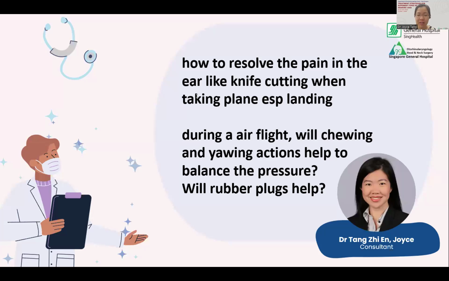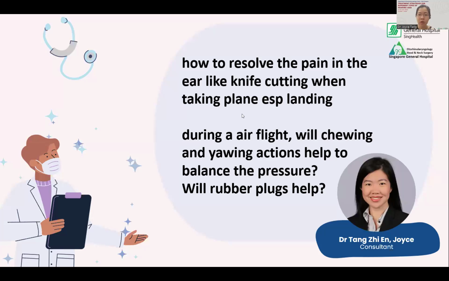If you constantly have a problem with equalizing pressure, then you can consider coming for a consultation. You may require nasal steroid sprays, sinus surgery, or balloon tuboplasty to resolve this Eustachian tube dysfunction problem.